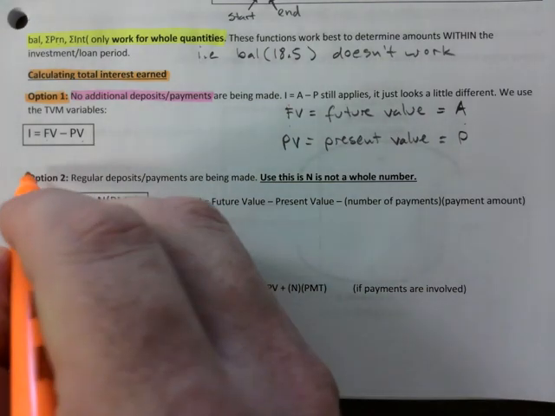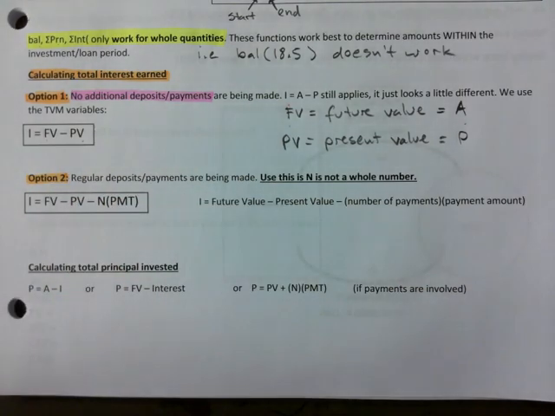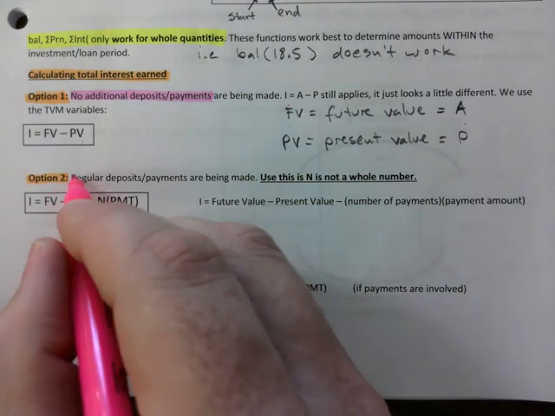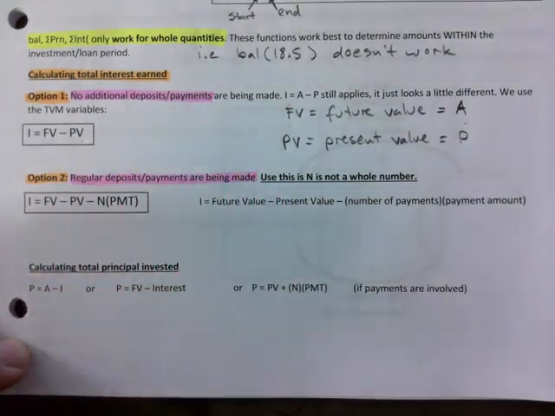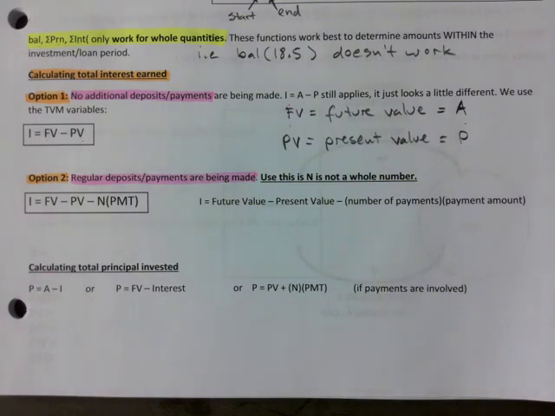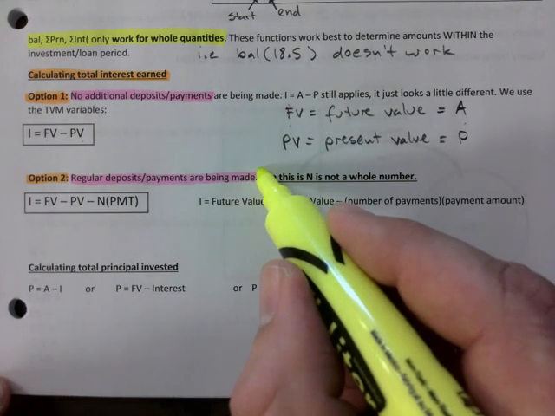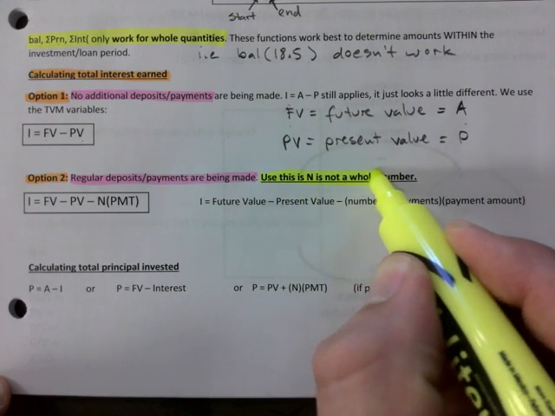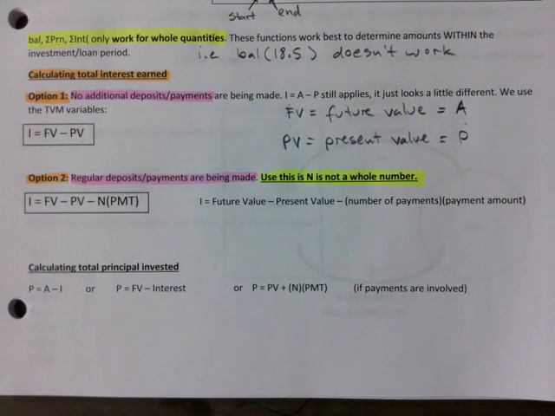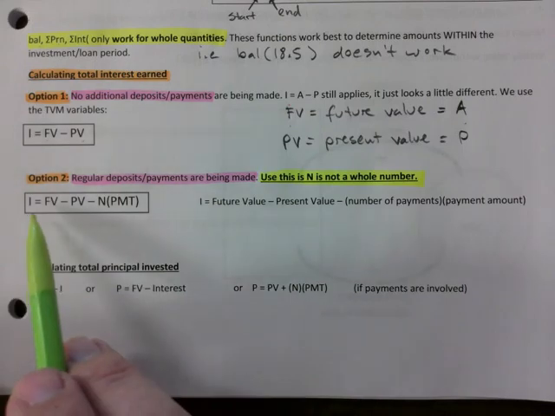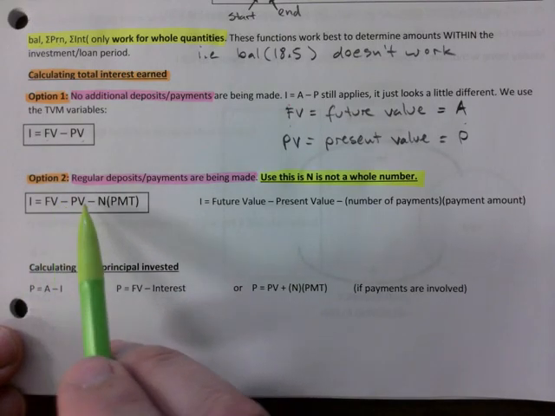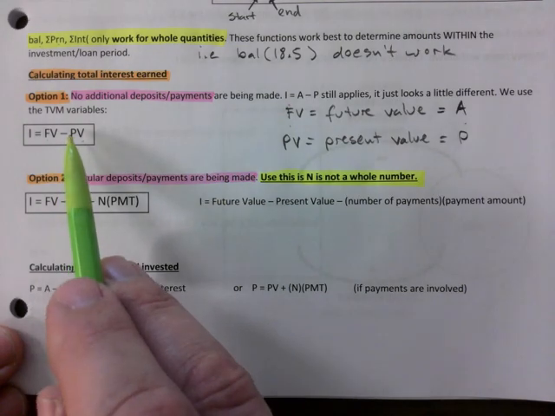Option number 2, I will say regular deposits are being made. Very important. And another color. Use this if n is not a whole number. So what's different if you look at this formula right here compared to the one before?